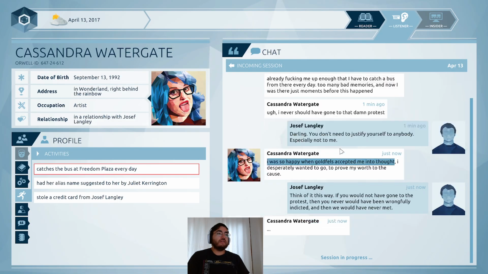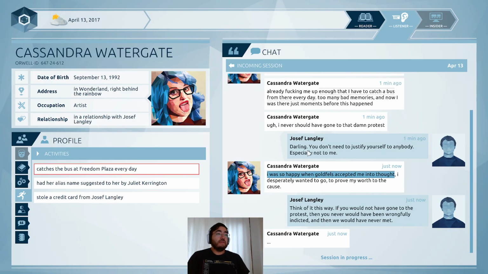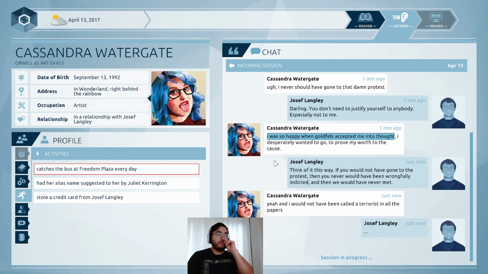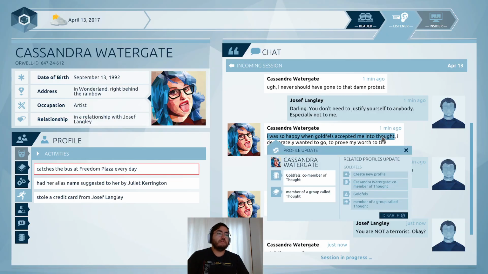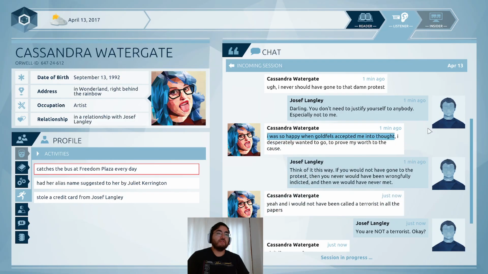I never should have gone to that damn protest. Darling, you don't need to justify yourself to anybody, especially not to me. I was so happy when Goldfels accepted me into Thought. I desperately wanted to go to prove my worth to the cause. Thought. So this must be the protest group they were talking about. It's called Thought.